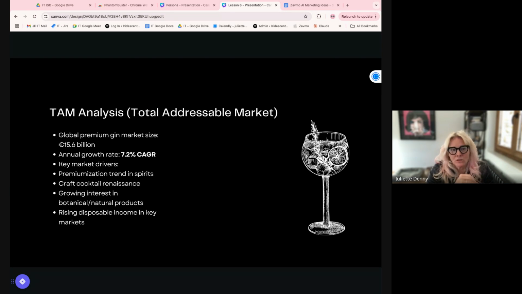Okay, so just to review, you're looking at the total addressable market, the total amount of gin worldwide, but then you're looking at the key drivers. So where is it growing within the total addressable market? And you want to do trend analysis on that. You want to see, is my market generally getting bigger or generally getting smaller?